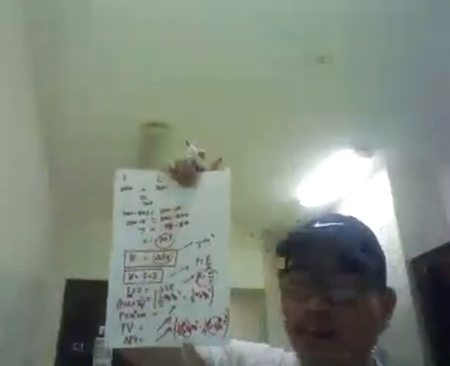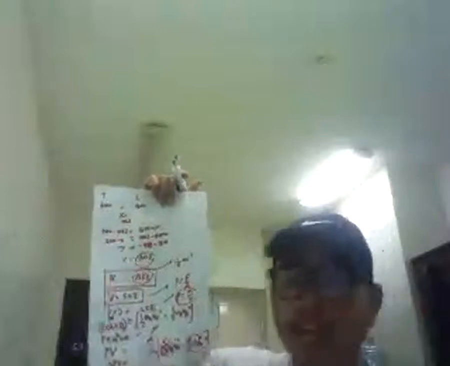So delta PV is equal to, we should not substitute first because we don't know the volume of A at point A. We should also not know the volume coming from point B, so that we can get the total volume.